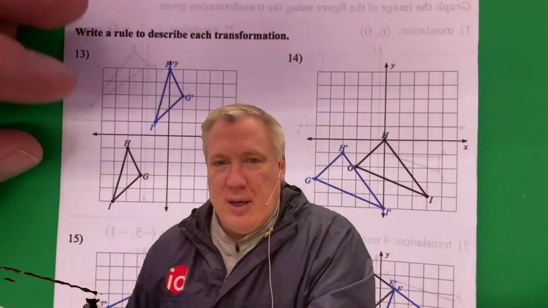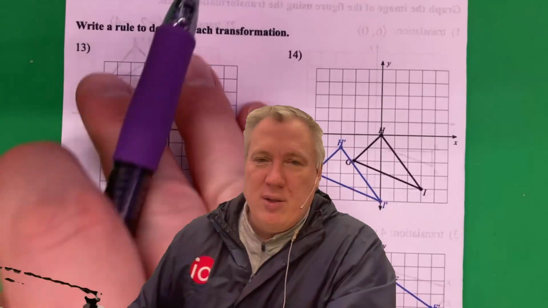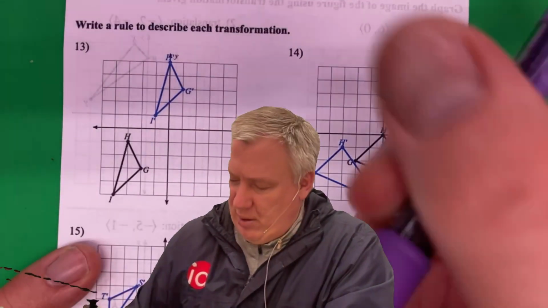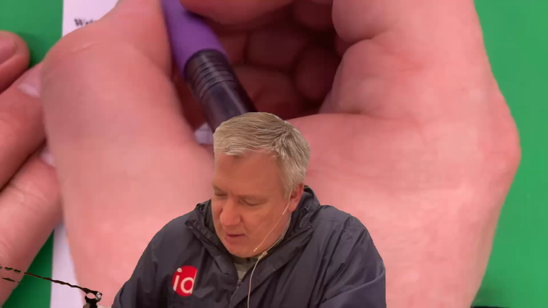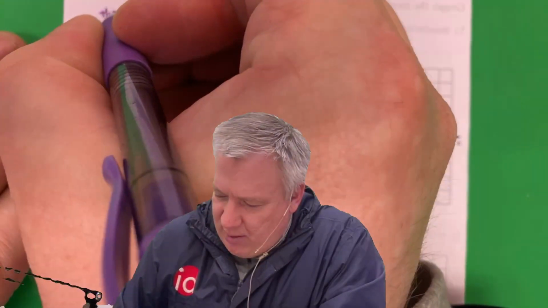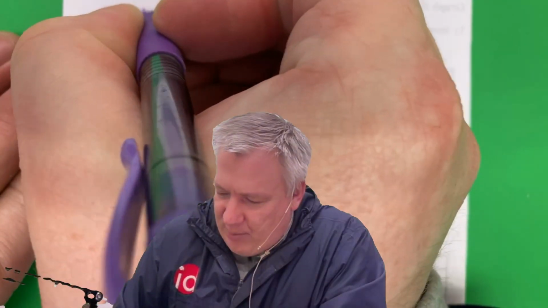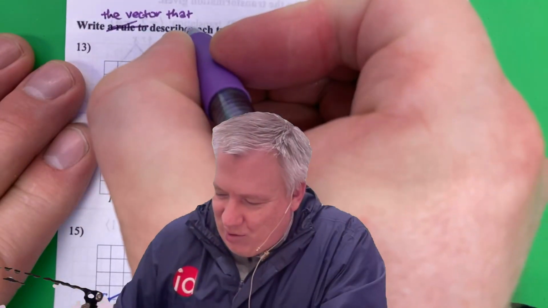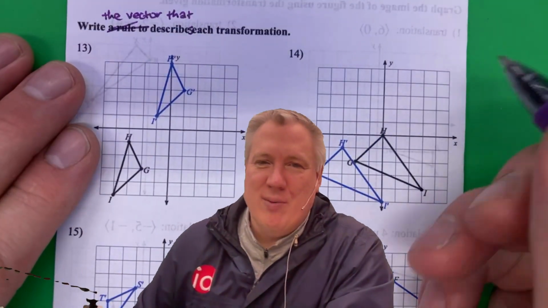What I want to do, and I will do one of the 6 problems here on the back, is show you how this works. So in this one, it says write a rule to describe each transformation. All I want you to do is write the vector that describes each transformation, okay?